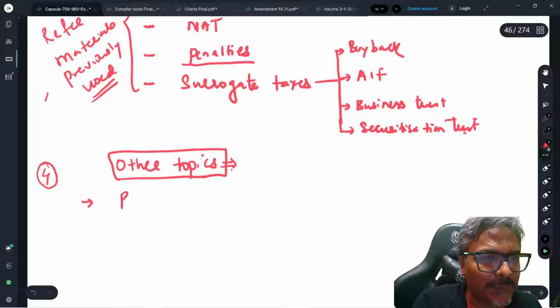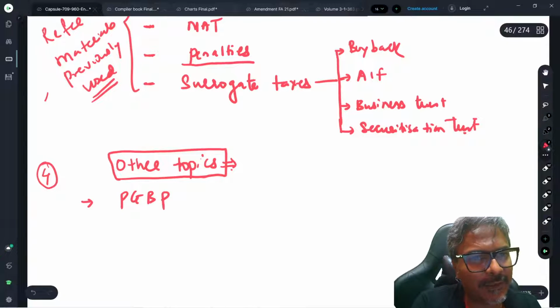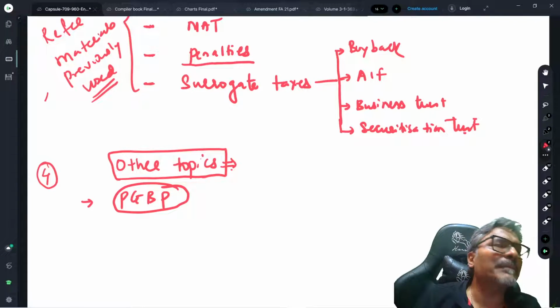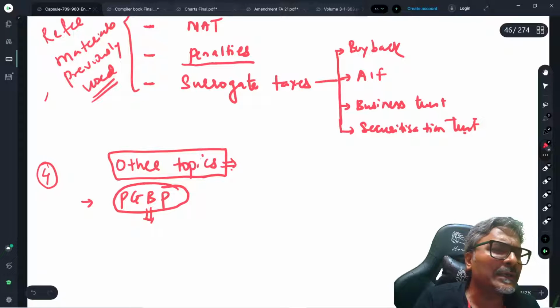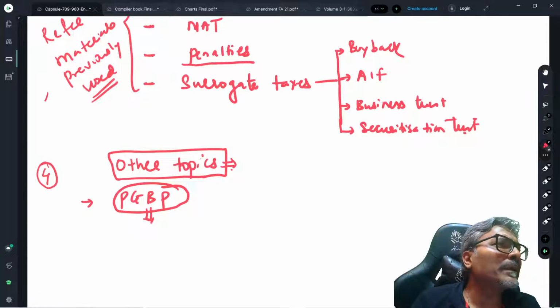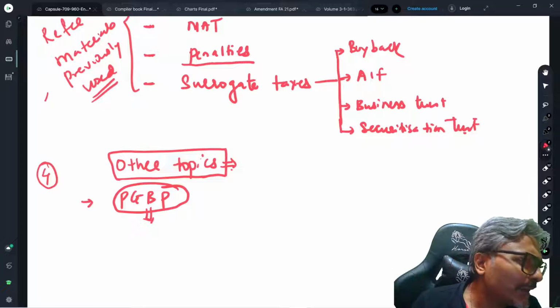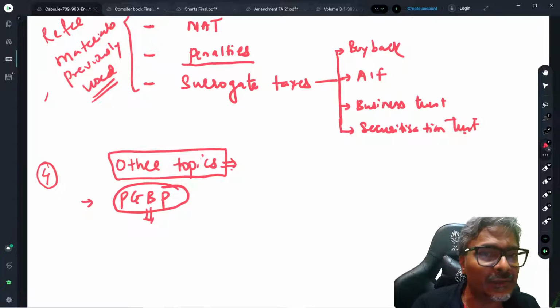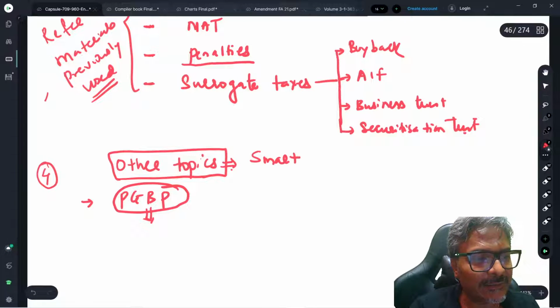For example PGBP: when I say PGBP, if you revise the entire PGBP in a very conventional way, the way you did it the first time, please don't do it. The other particular topics, please don't get into the risk of revising in a conventional way. You have to do a smart revision, smart study.